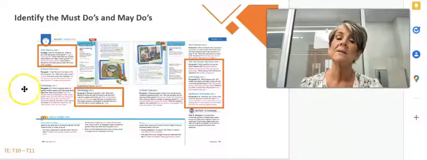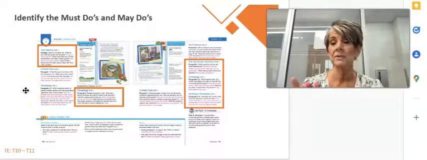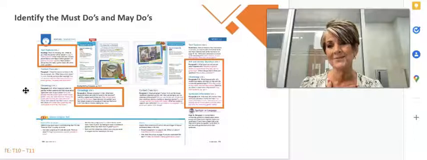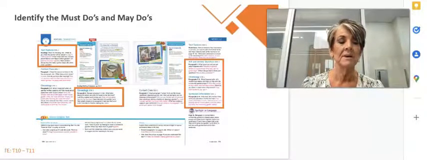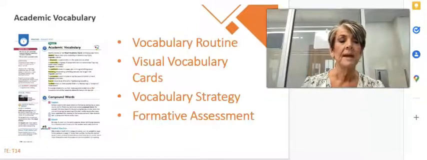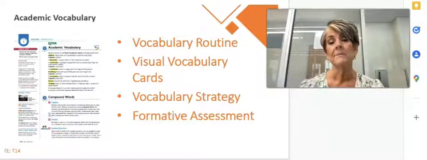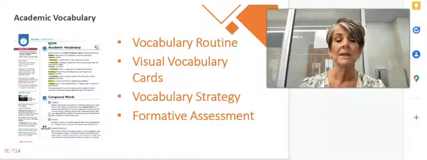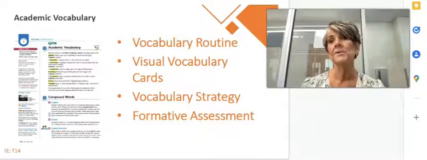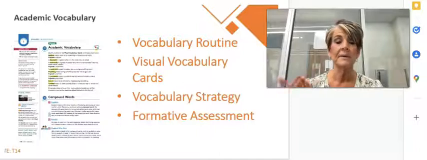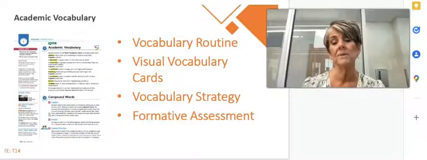Those are the decisions I get to make to really plan out my lesson for the students that I have. So go ahead and pause the video and make your plan for lesson 1 and decide what you're going to take from lesson 2 on vocabulary, or if you're going to leave that for day 2.